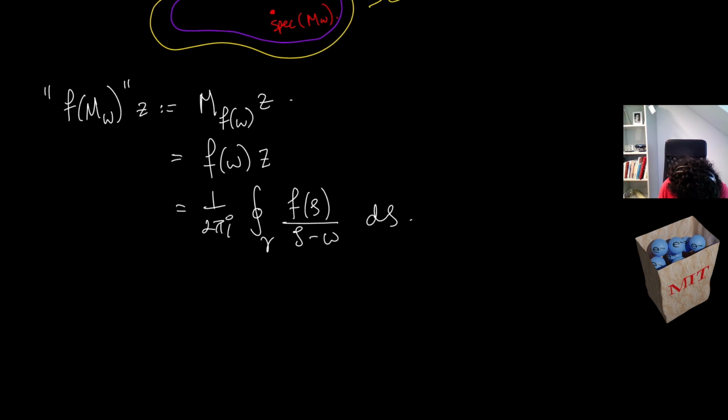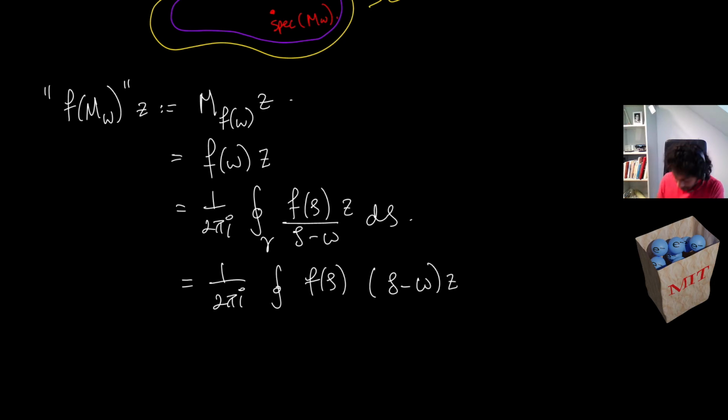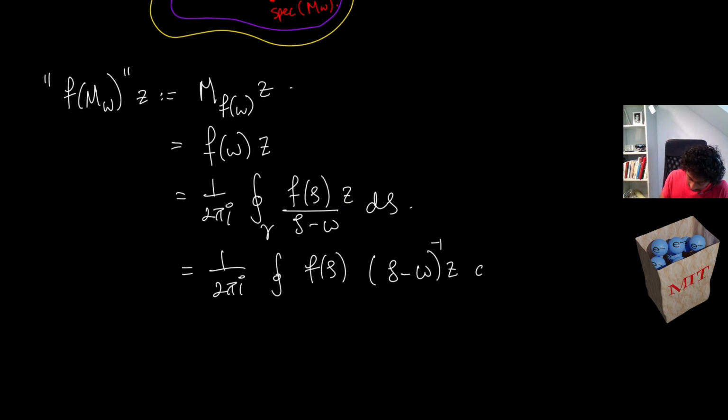divided by ζ minus ω dζ. But I want to write it slightly differently again. So this is 1 on 2πi of f(ζ), and now this is ζ minus, okay, so there's a multiplication by a z here. So this is ζ minus ω of z, but, oh sorry, inverse, dζ.